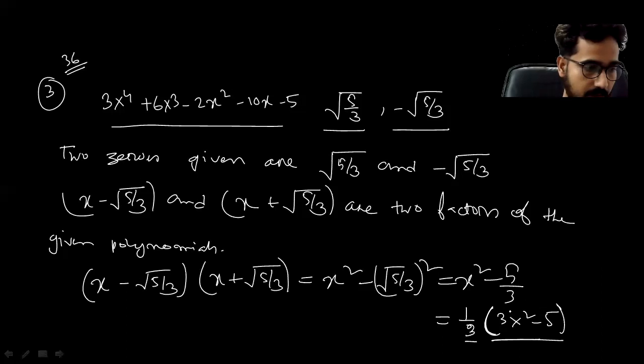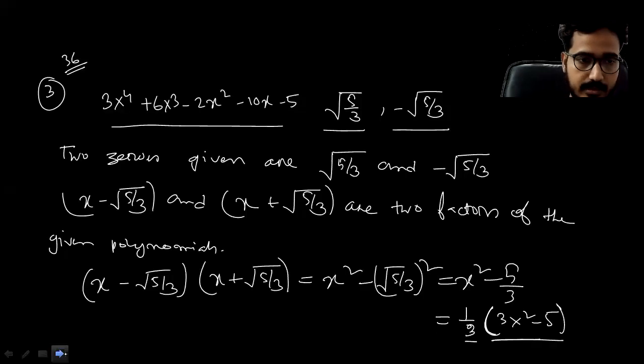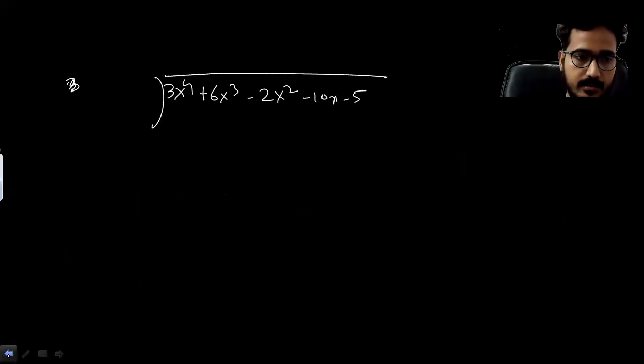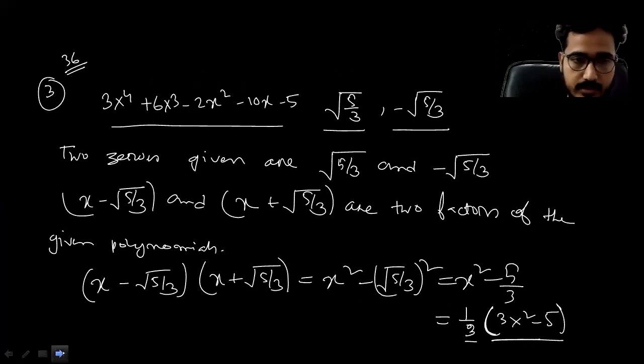So now we have to divide the given polynomial, that means 3x to the power 4 plus 6x cube minus 2x square minus 10x minus 5 by this polynomial 3x square minus 5. Now see, 1 by 3 will be one factor and 3x square minus 5 will also be a factor.